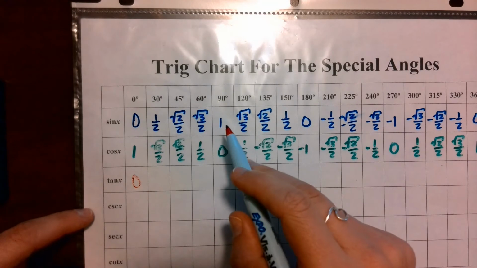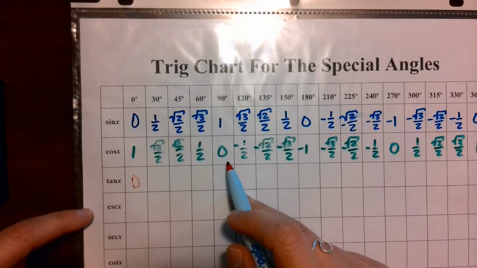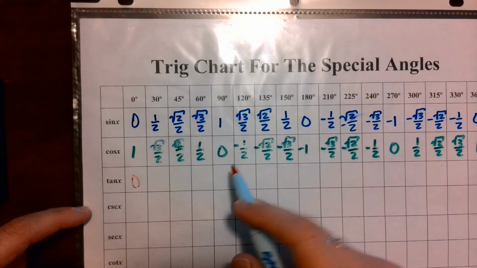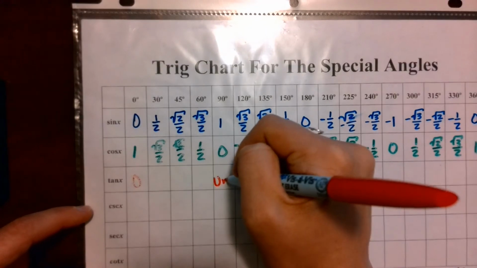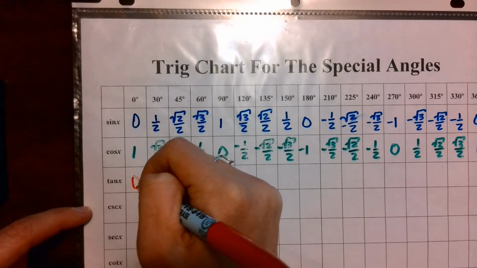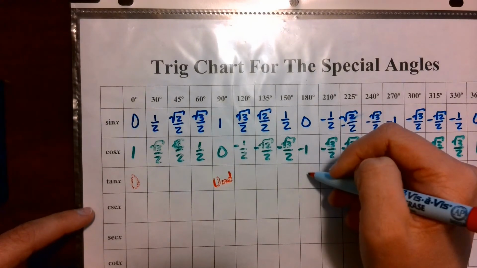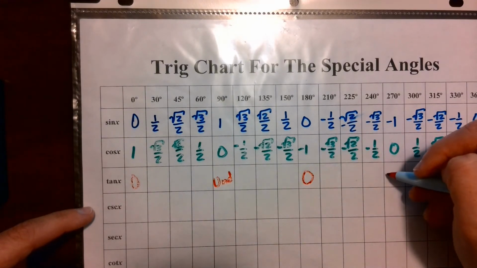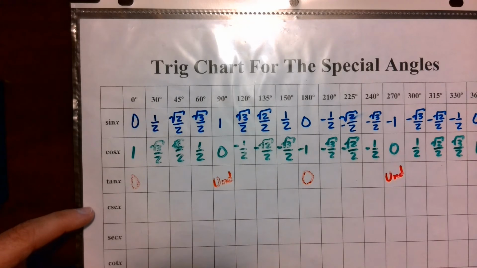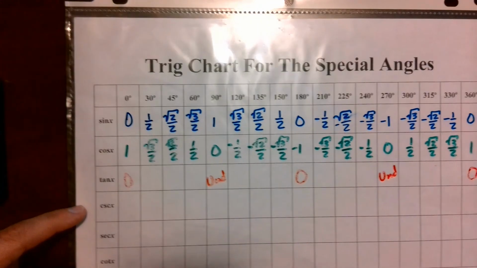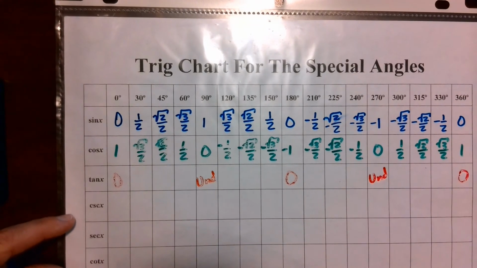Let's look at a couple of other ones like that. My 1 divided by 0, ooh, I cannot divide by 0, so that one is going to be undefined. My 0 divided by negative 1 is 0. We've got another undefined at 270 degrees, and then 0 at the end. Okay, so those are pretty easy to do in our heads.